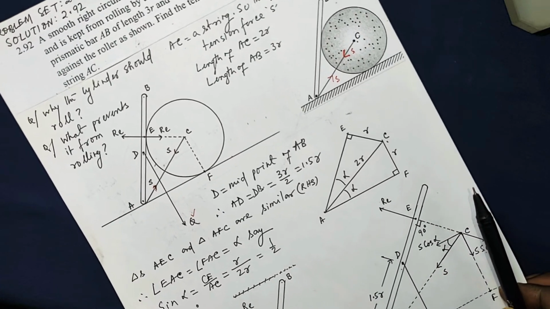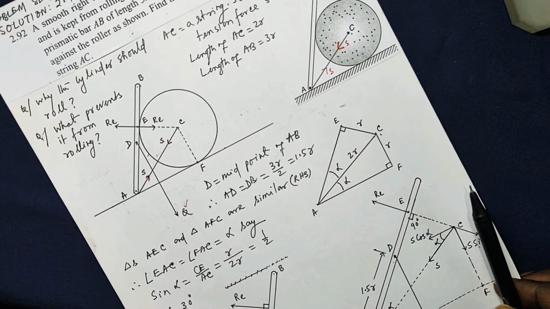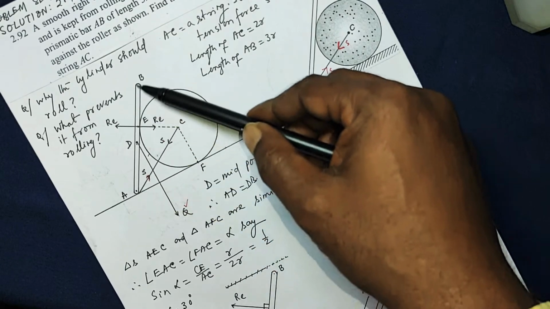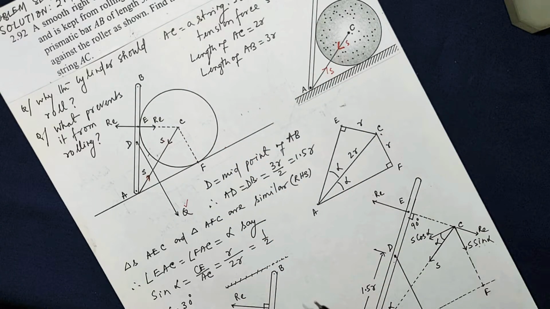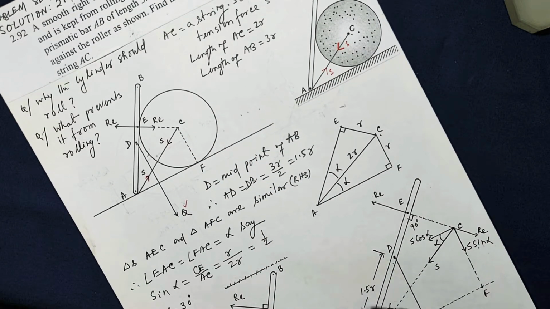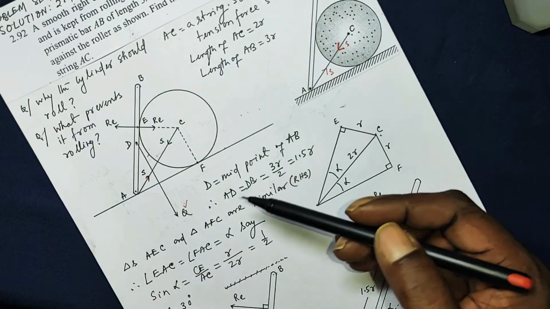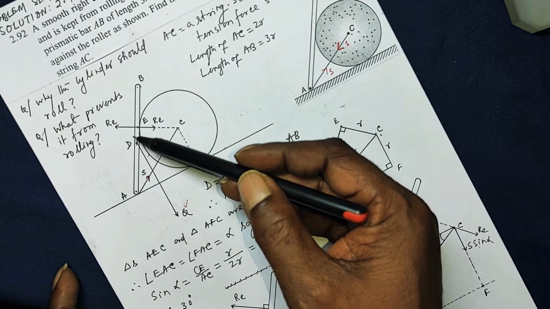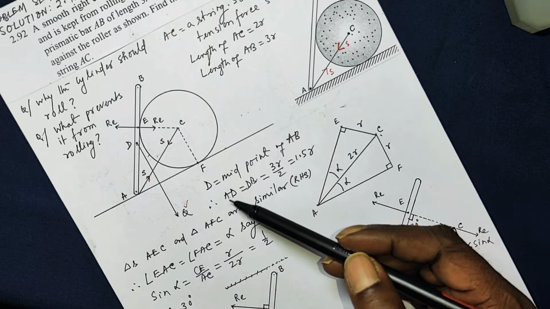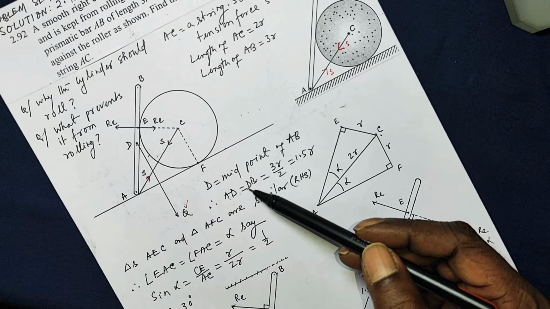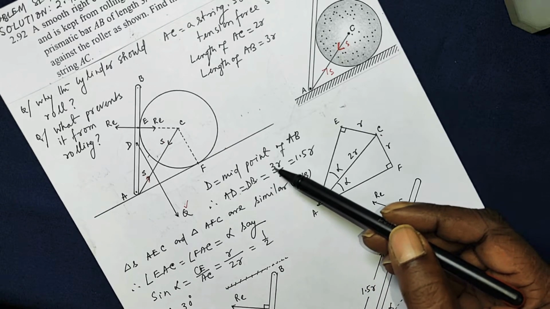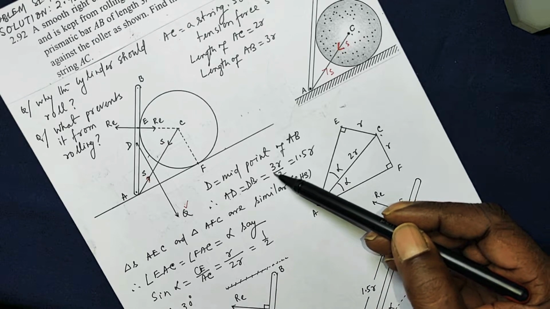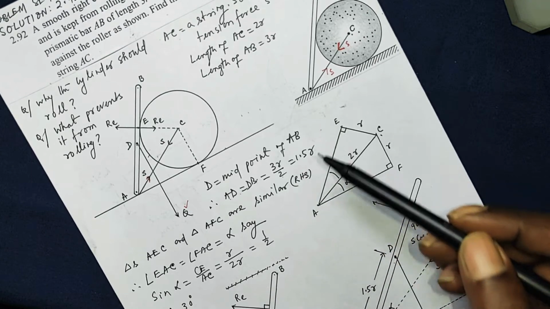So now D is the midpoint of AB. Since the length of AB is given, from A to D will be equal to from D to B, that will be 3r by 2, because the length of AB is 3r, that is 1.5r.